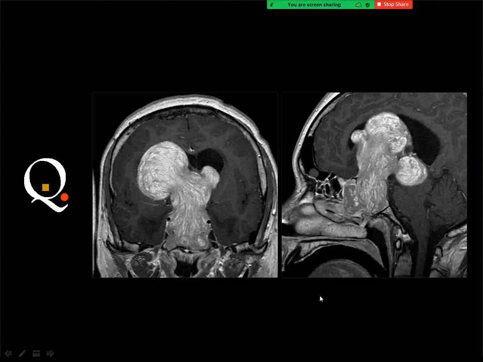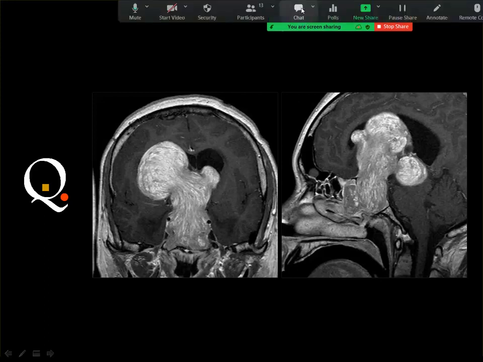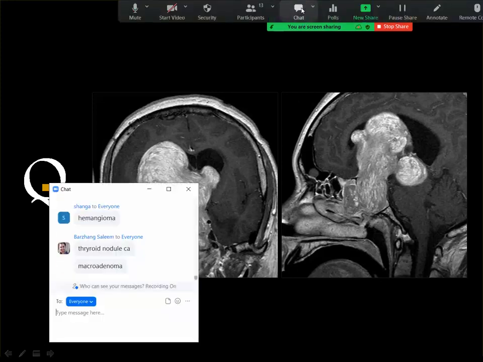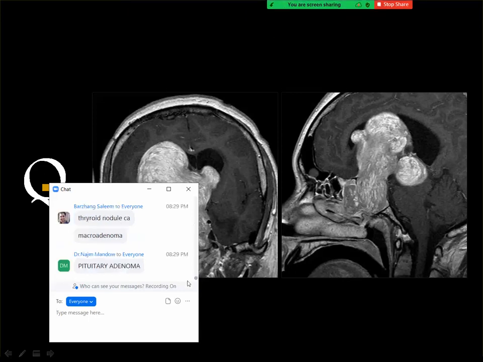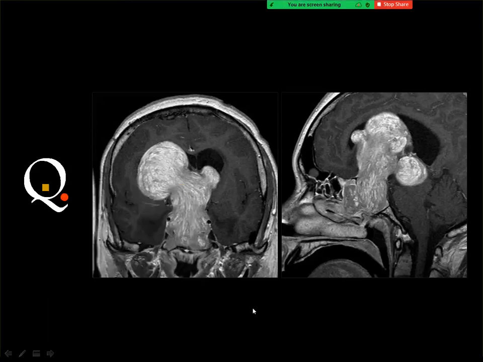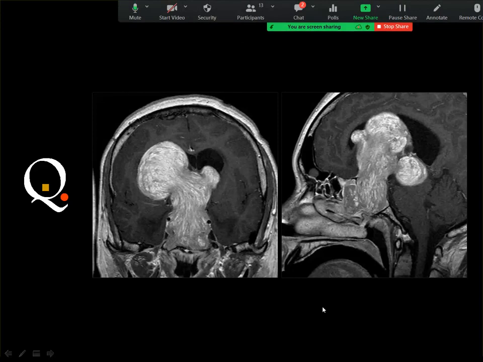And this is an MRI of the sella with coronal and sagittal T1 post contrast. It is not just a macroadenoma, but it is an invasive pituitary adenoma, because you see that the lesion is huge in the supratentorial area.